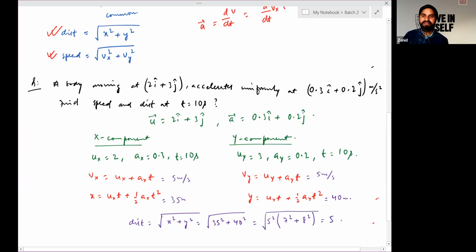So it will be 5 root under 7 squared is 49 and 8 squared is 64, so 5 root 113 meter. Similarly, speed equals root under Vx squared plus Vy squared. Vx is 5, Vy is 5, so it will be 5 root 2 meter per second.